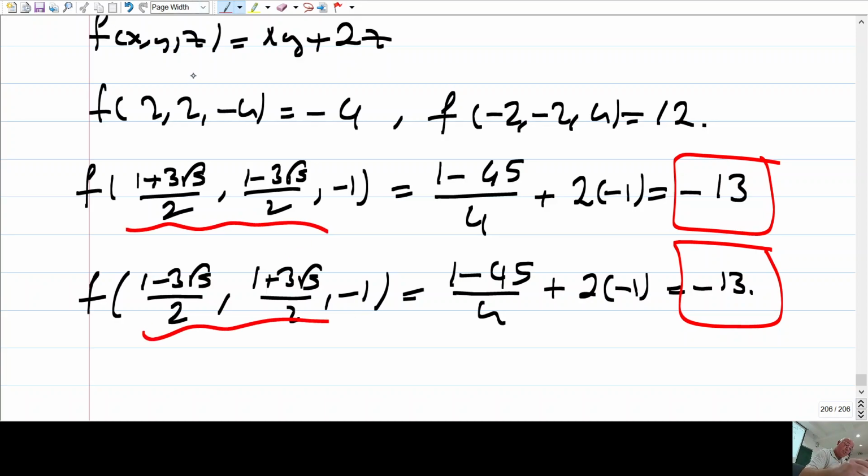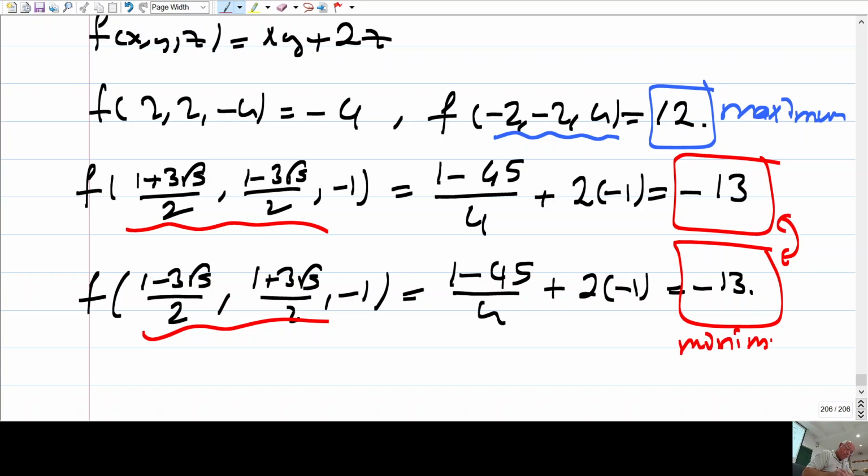And maximal value is 12, and it is obtained at this point. So this is the maximum value, and this is the maximum point, and these are the minimal values. Minimum. Tamam mı? Bakayım doğru mu yapmışız? Evet. Doğru gözüküyor.